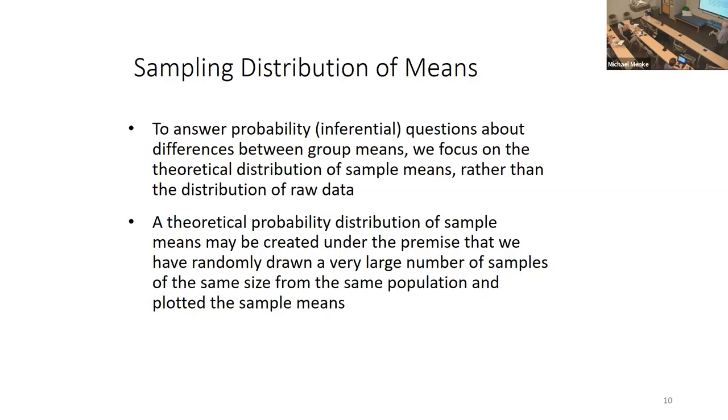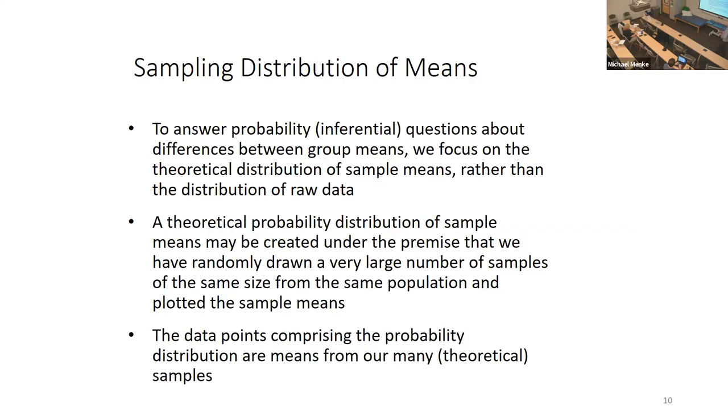So what we do, and we don't do this literally, the computer does this, theoretical statisticians do this. Based upon those two statistics, we're able to create a theoretical probability distribution of means, not raw data, but of means, because we abandoned the raw data at this point. We don't care about it except to check to see that we've met certain distributional assumptions.